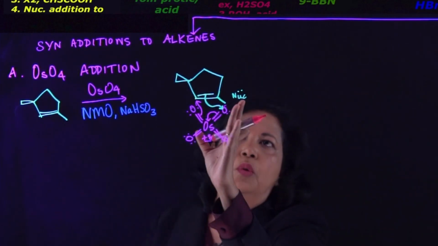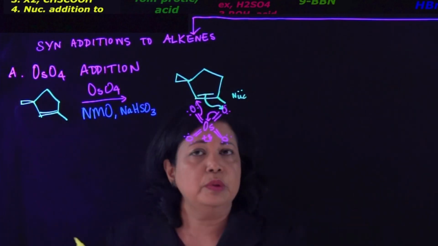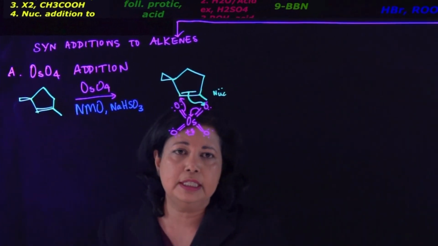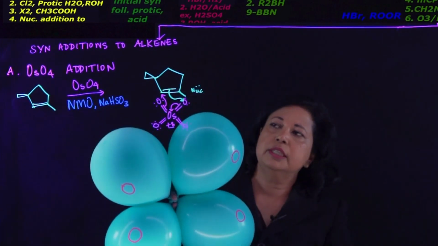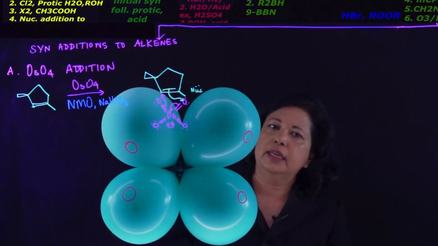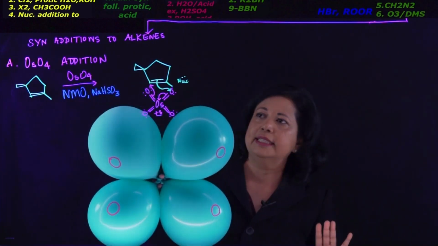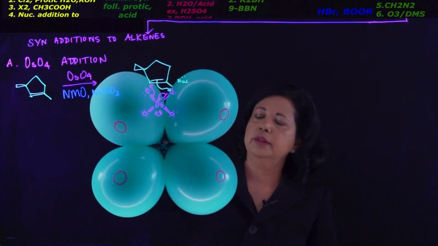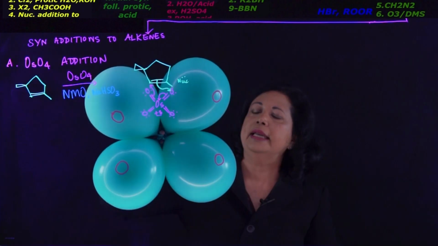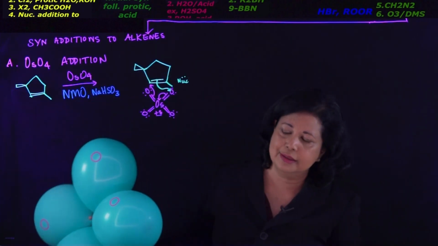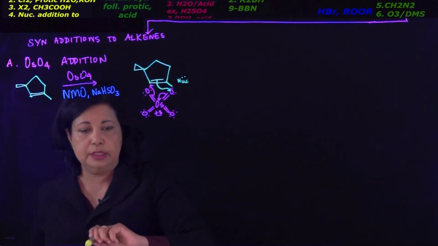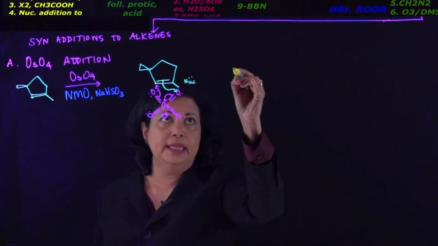There's no adding on one side more than the other, because as we saw, the reagent was perfectly symmetric. So when the reagent is symmetric, the regioselectivity doesn't arise due to the reagent, like in the BH3 case. It's going to go right at the bottom like this and add equally to both ends.